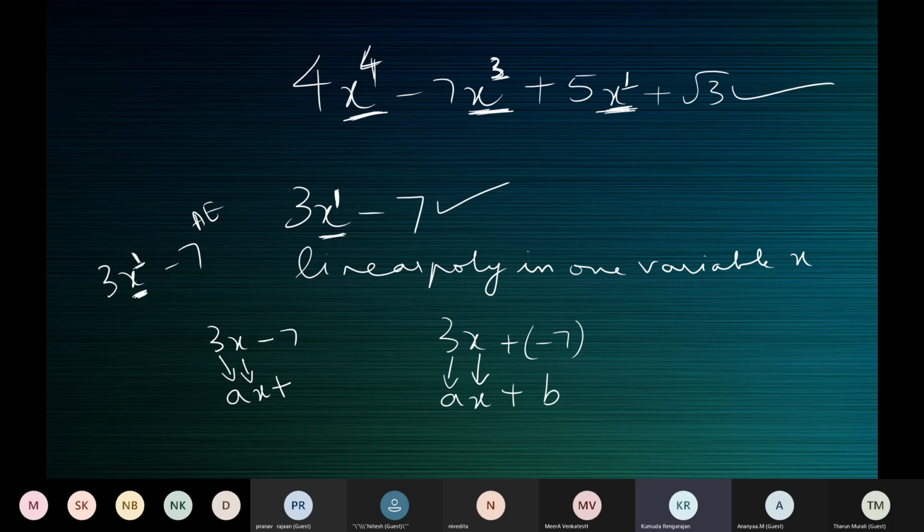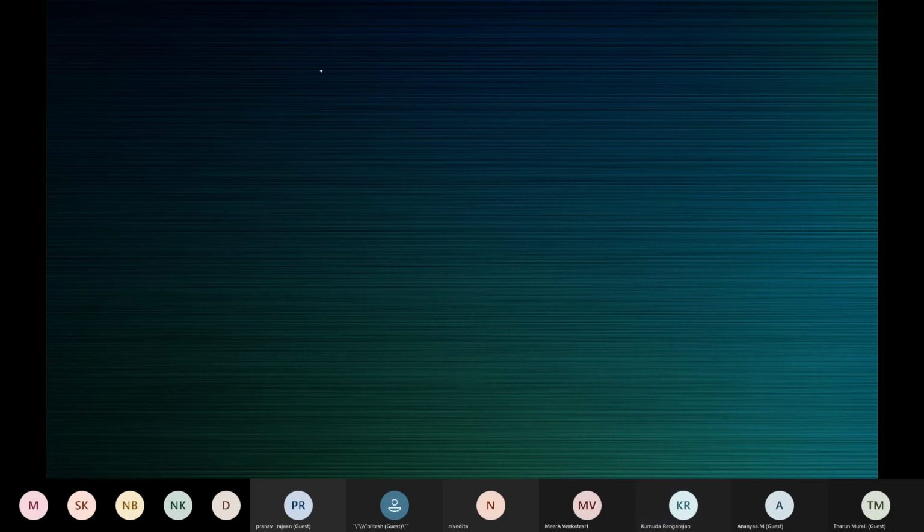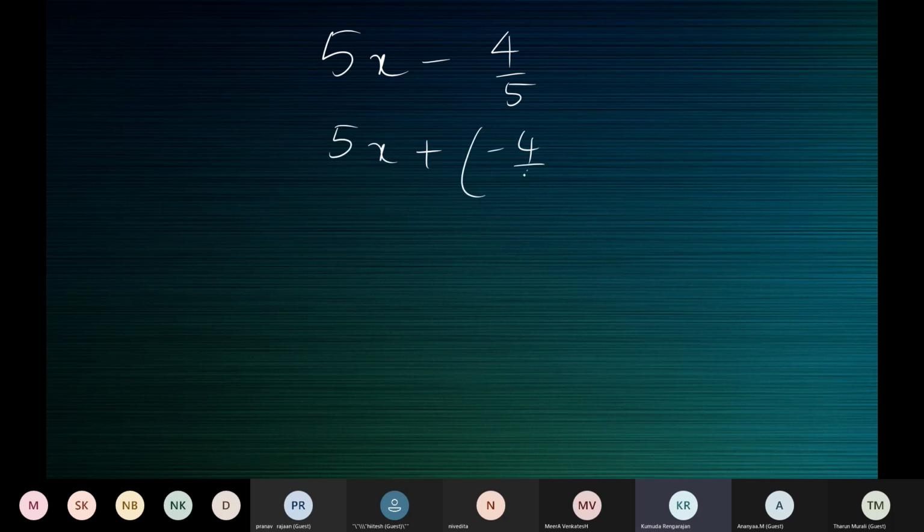Let's take another example and understand the same thing. Suppose 5x minus 4 by 5. This can be written as 5x plus of minus 4 by 5. This is a specific example of a linear polynomial in one variable x.